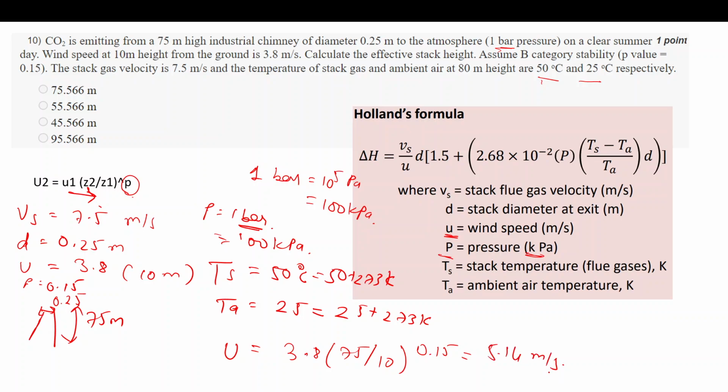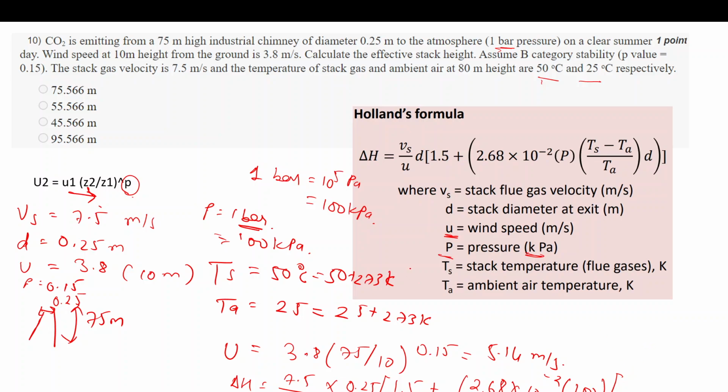Now if you substitute all the values, delta H equals Vs, which is 7.5, divided by U, which is 5.14, into D, which is 0.25, into 1.5 plus 2.68 plus 10 to the power minus 2 into 100 in the numerator.